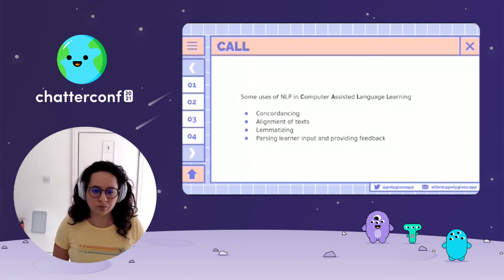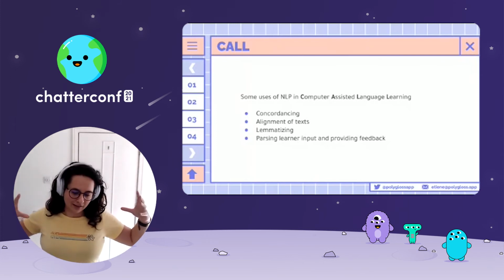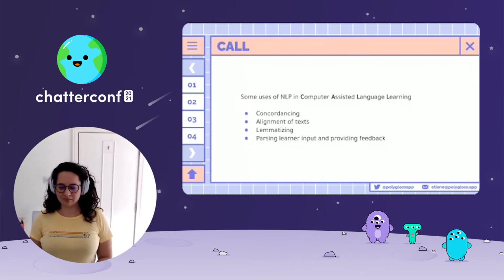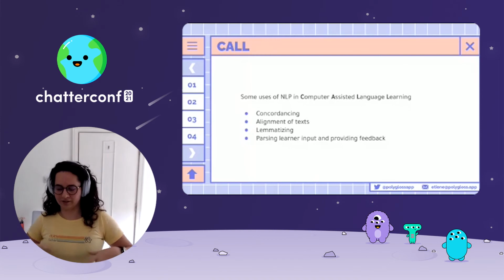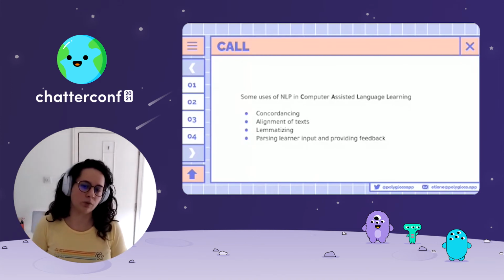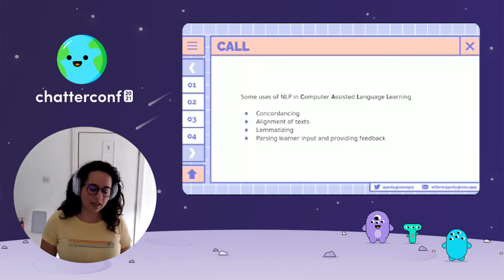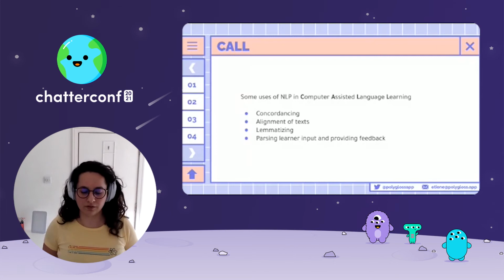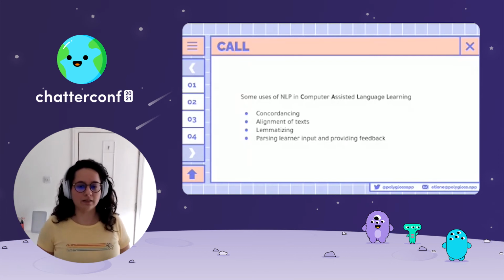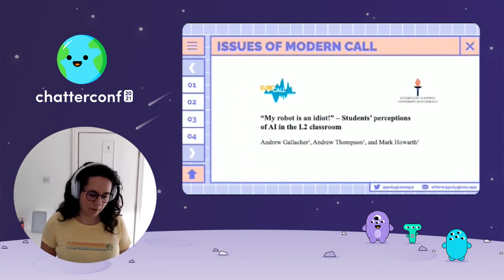But the golden ideal, the great objective of computer-assisted language learning is being able to parse learner input and provide useful feedback. And there is lots of research going on right now about using chatbots for that, but it's very, very tricky.